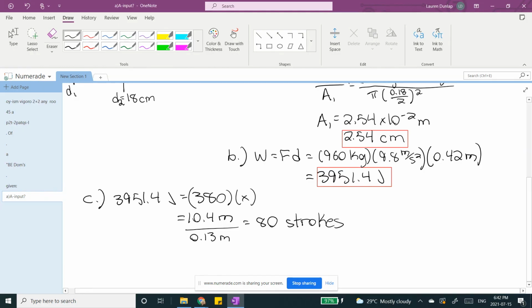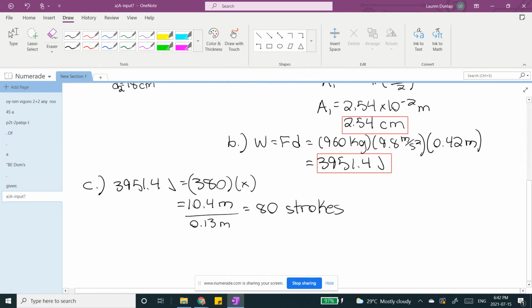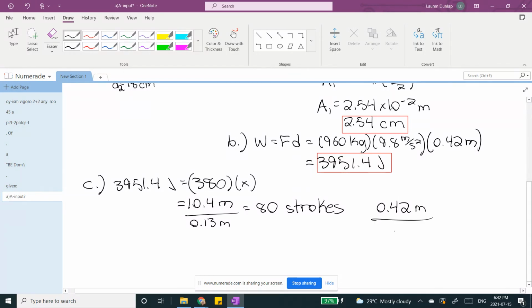So what we can do now is take our original distance that we traveled on the output side, so this 42 centimeters, and we can do 0.42 meters divided by 80, and that will give us 5.25 times 10 to the negative 3 meters.